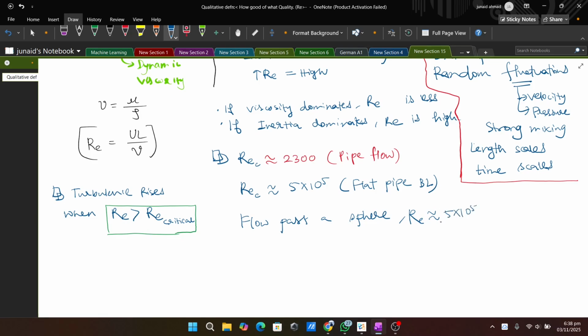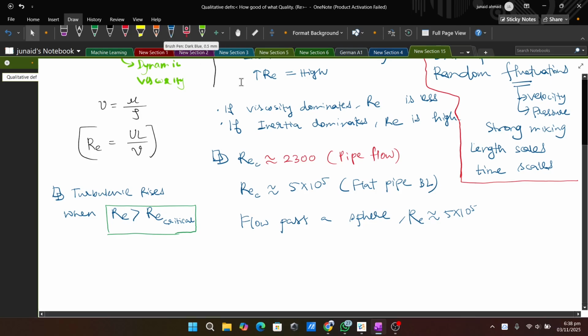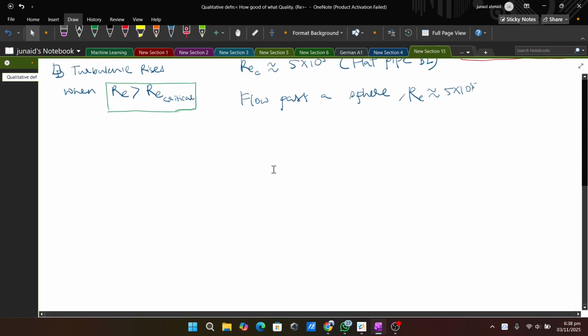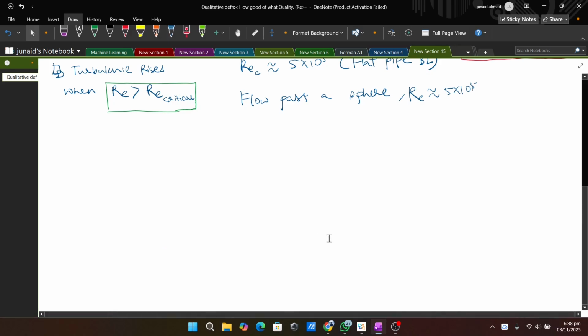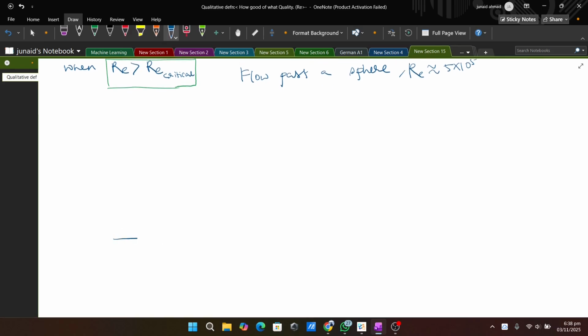So these are some of the pieces of information that we can keep in our mind. Now let us go on and talk about a nice graph that will describe the turbulent flows and their nature.